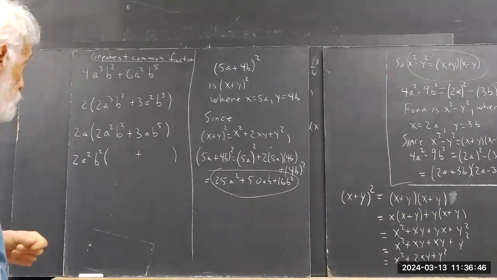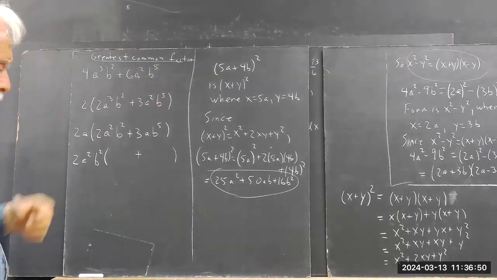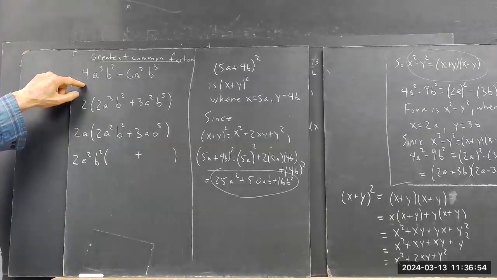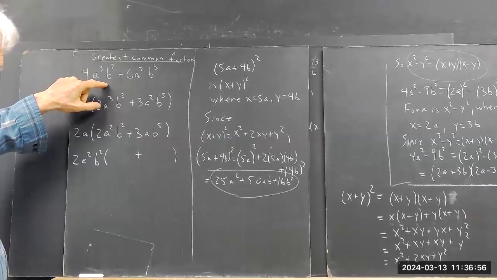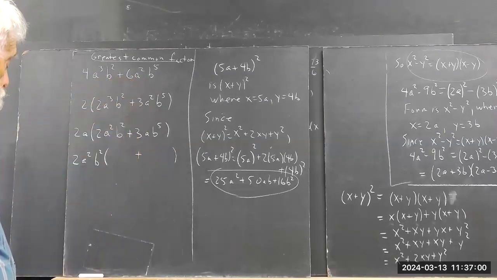Okay, now we're working on this question. I'm talking about what we call greatest common factor. First, we have the expression 4a cubed b squared plus 6a squared b to the fifth.